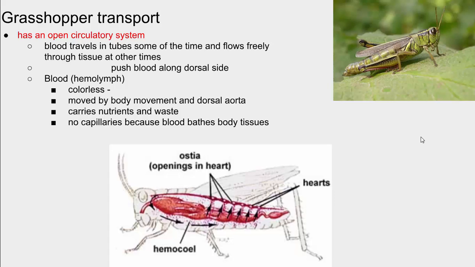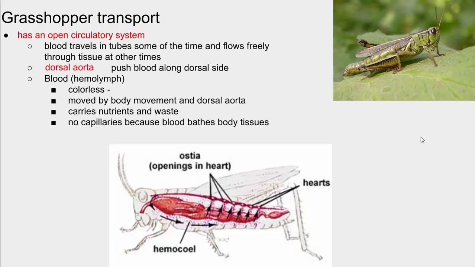So in an open circulatory system, sometimes the blood is contained within vessels, and sometimes it's just surrounding all of the tissue outside of vessels, sort of bathing the rest of the insect's body cavity.